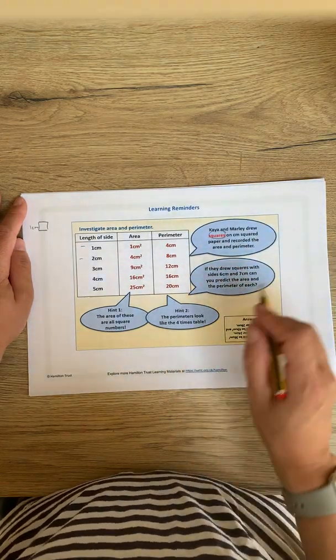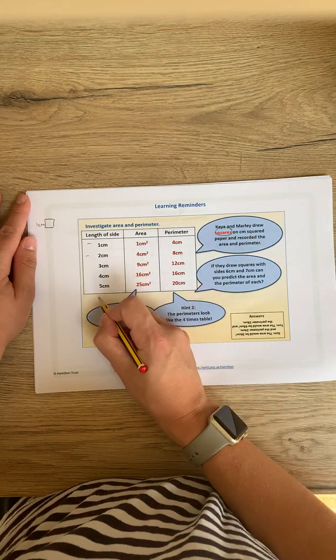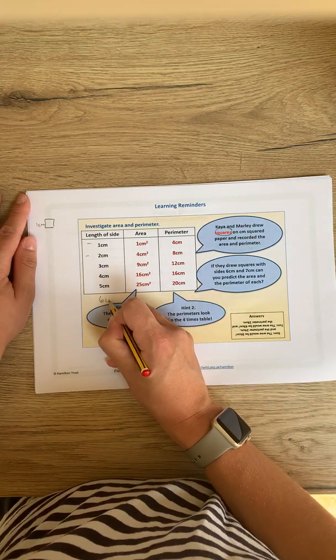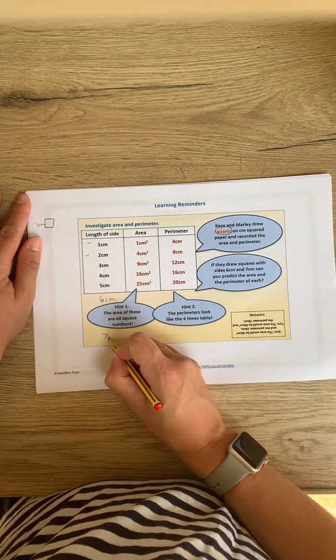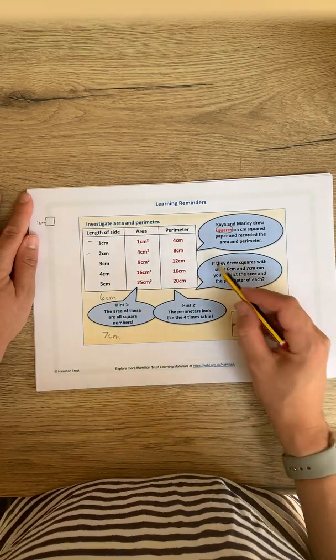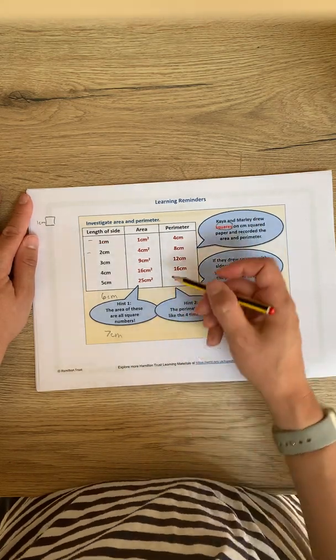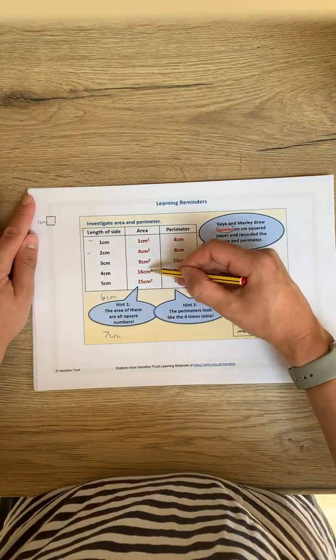Now, your mini challenge is, if they drew squares which had sides of, let's put the 6 centimetre one here, and the 7 centimetre one here, because I've got the bubbles in the way, can you predict the area and the perimeter for each? It's a couple of hints. Have a look at these numbers.